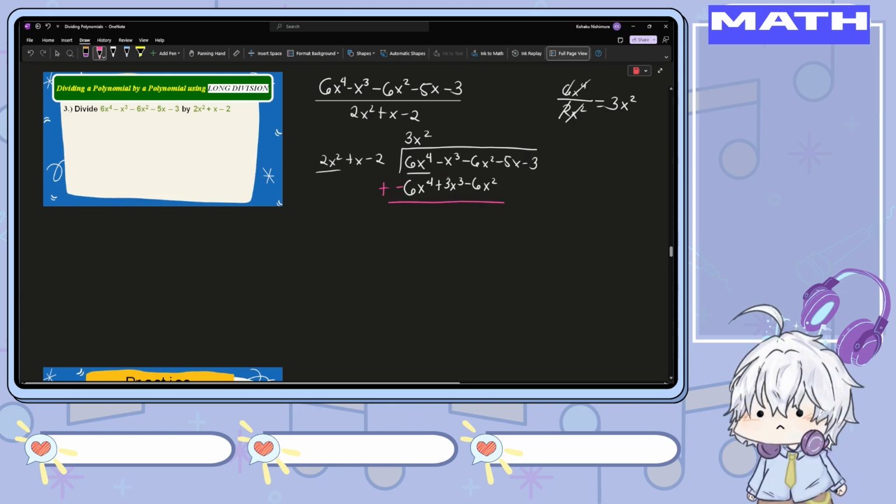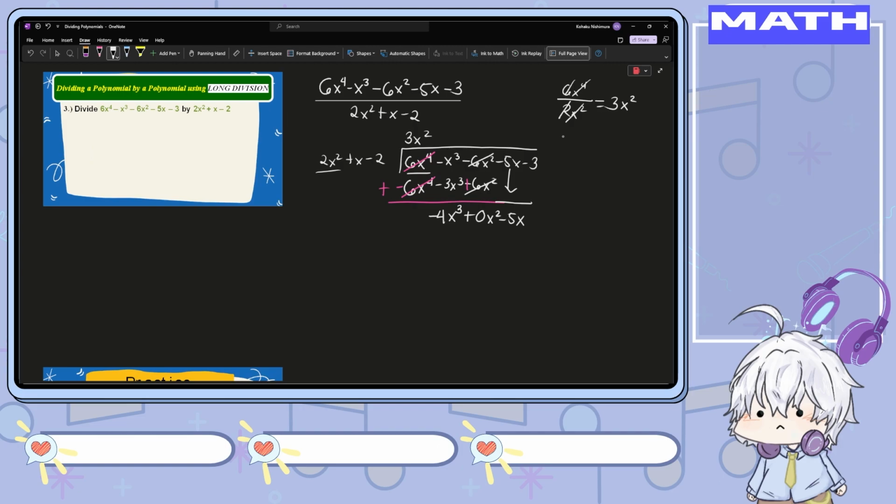This will become negative, this will become negative, this will become positive. Negative and positive will become 0. Negative x cubed plus negative 3x cubed is negative 4x cubed. But positive and negative of something will be 0x squared. Then we bring down negative 5x.